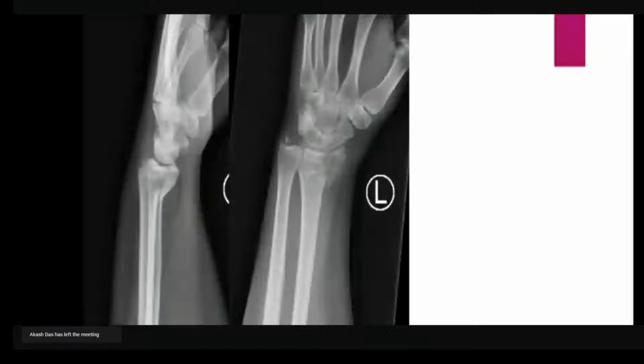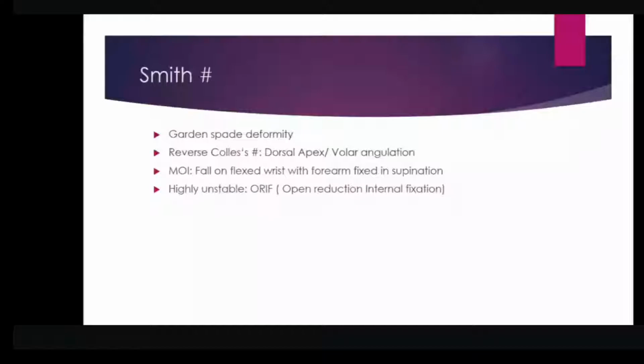Now next is Smith fracture. Smith fracture is just the opposite of the Colles fracture. Both are distal radius fractures, but the angulation and the tilt are different. For Colles fracture, usually there is dorsal tilt, radial tilt, dorsal angulation, radial angulation, supination, and impaction.